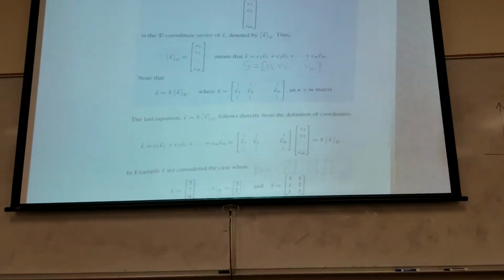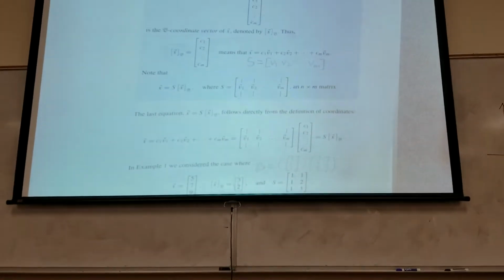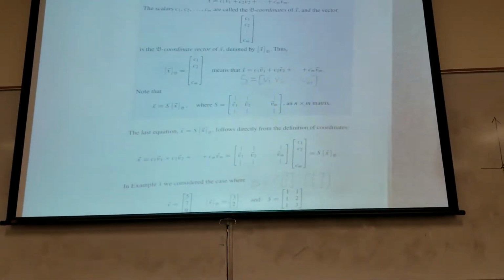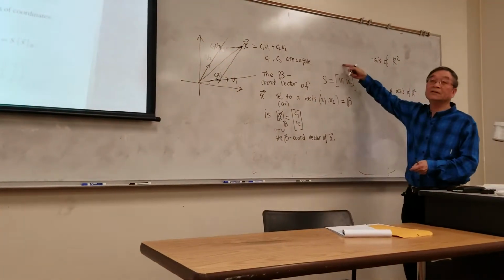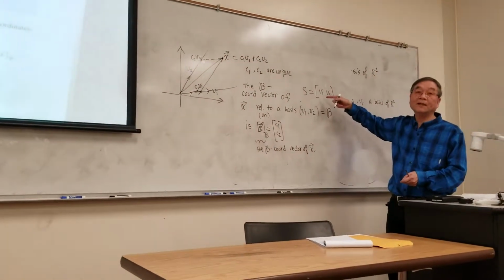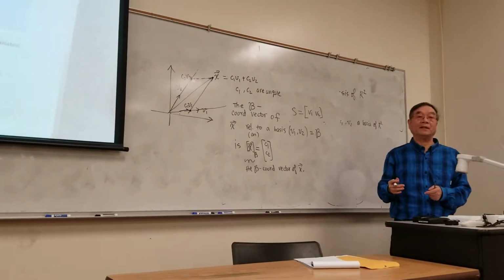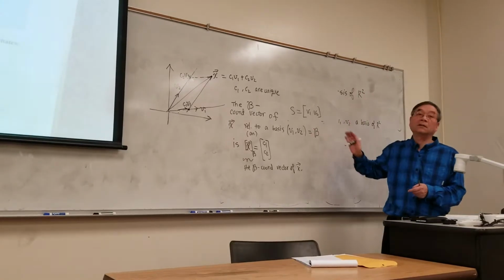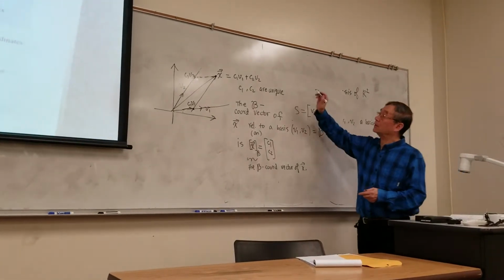For instance, if we have only 2, we use this S: V1 is the first column, V2 the second column, right? Just use the vectors in the basis to form the columns. That's S.